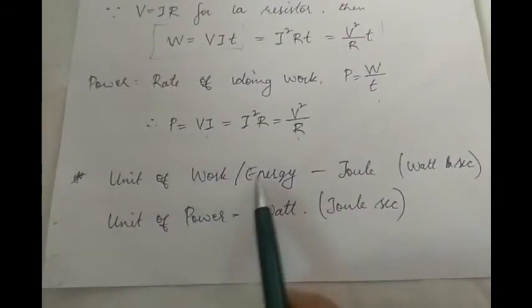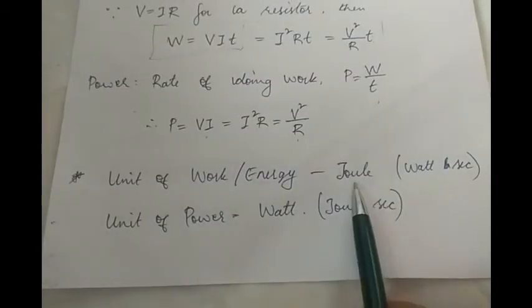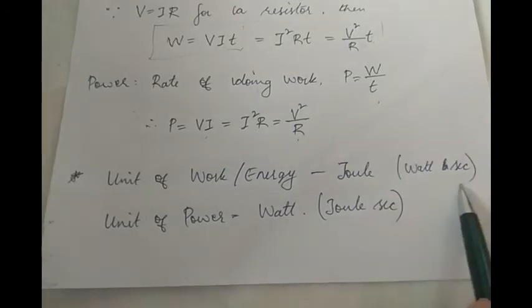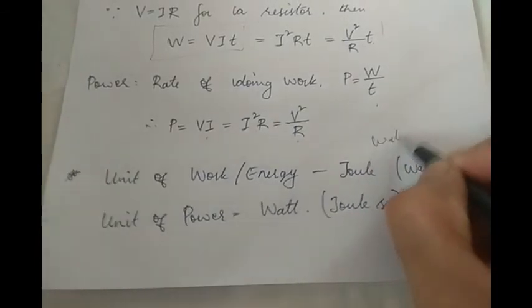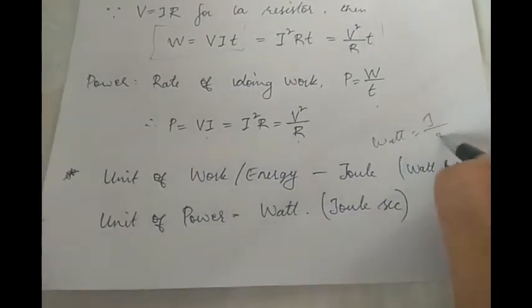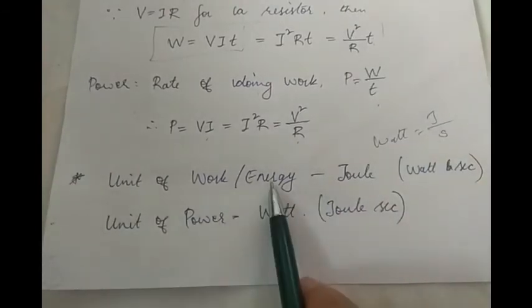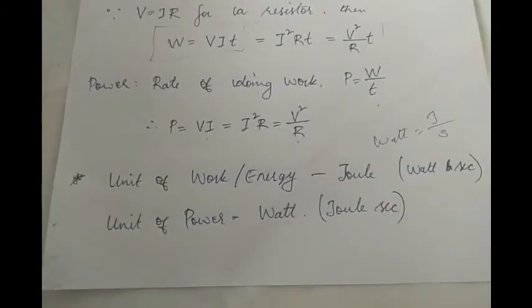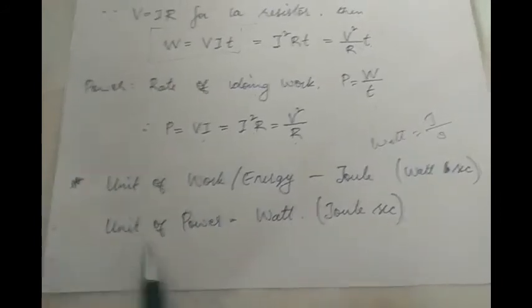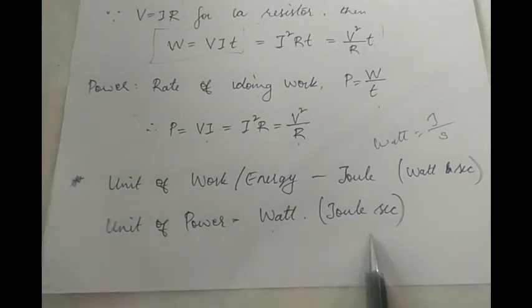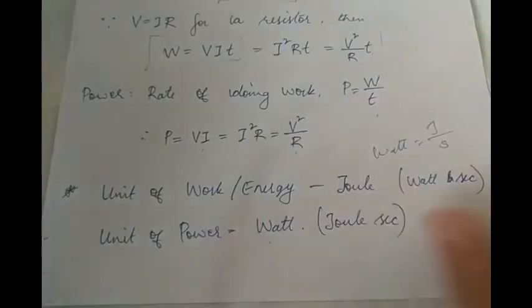Also, the unit of work done or energy is joule, which is also called watt second, because watt is joule divided by second, so joule is watt second. Other units for work or energy are watt hour and kilowatt hour. Then the unit for power is watt, which is also joule per second. Remember that.